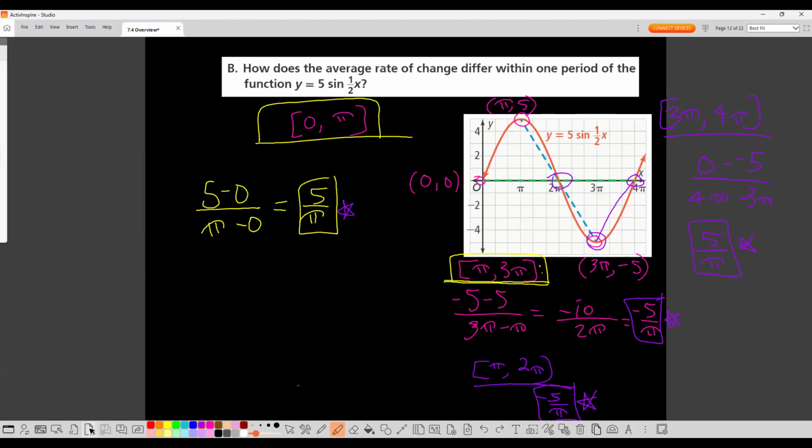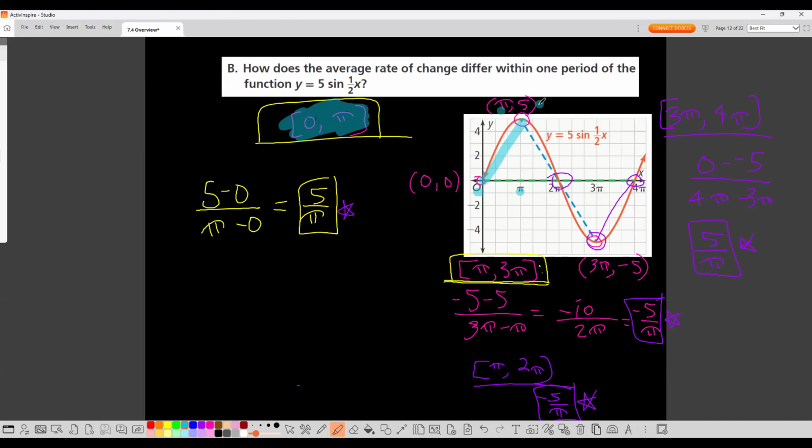So that's just a little extra period calculation at whatever point. Part B on here asked you to calculate the average rate of change throughout this whole thing. I did this in advance. If we were going to find the average rate of change from 0 to pi, that's this one that I've got right here. My coordinates there at the 0, 0 up to the top piece up here is pi, 5.